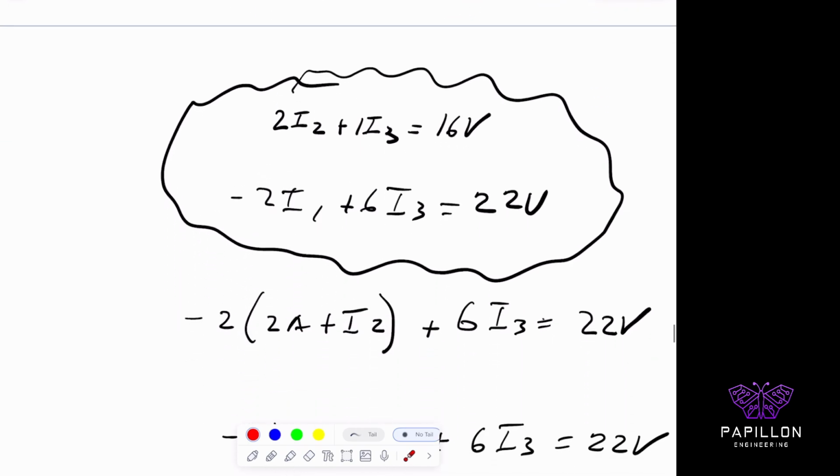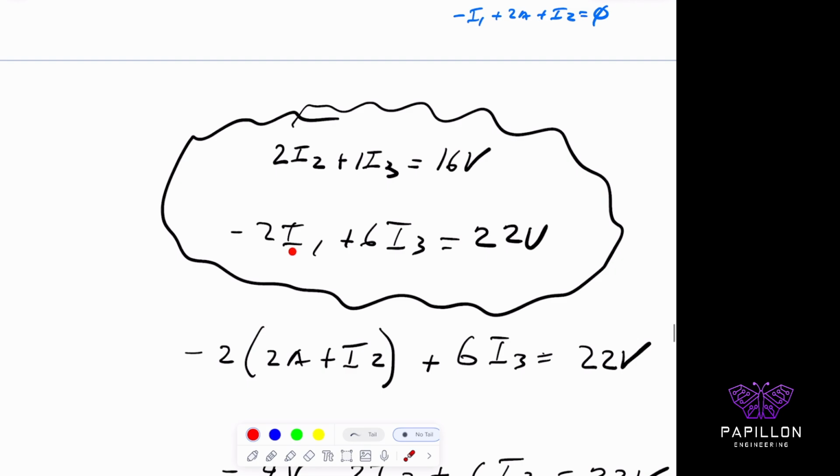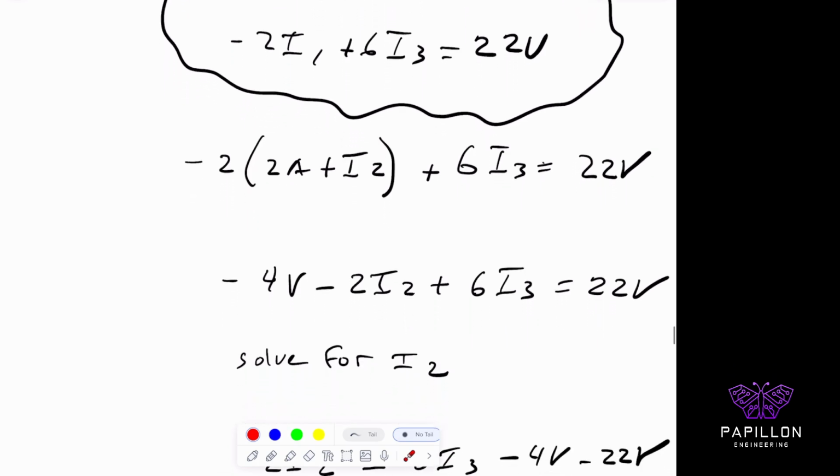I can finally plug and play. So wherever I have an I1, I'm going to now put in my constraint of the KCL for that node, which thankfully takes into account this 2 amps, right? And I can simplify that because now I'm going to have 2 amps plus I2, distribute the ohms, so this creates an ohms times current, which gives me back a voltage, right?